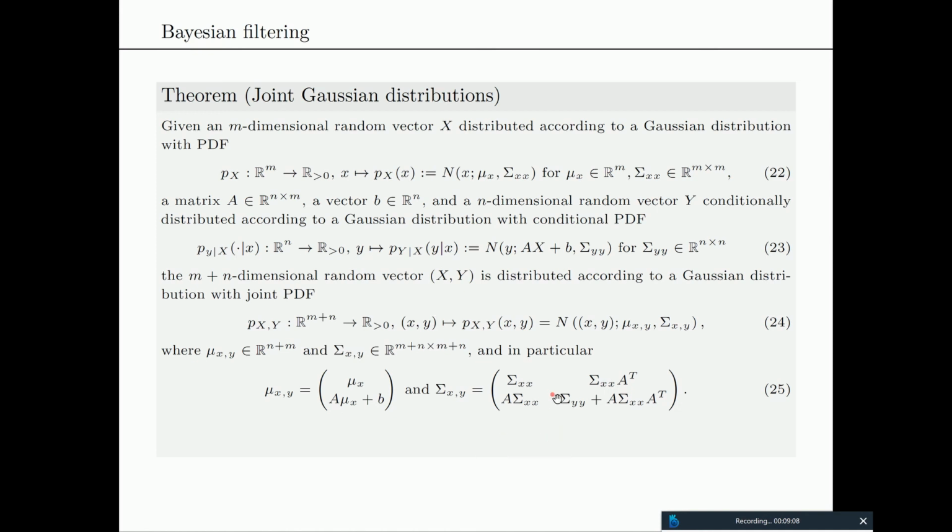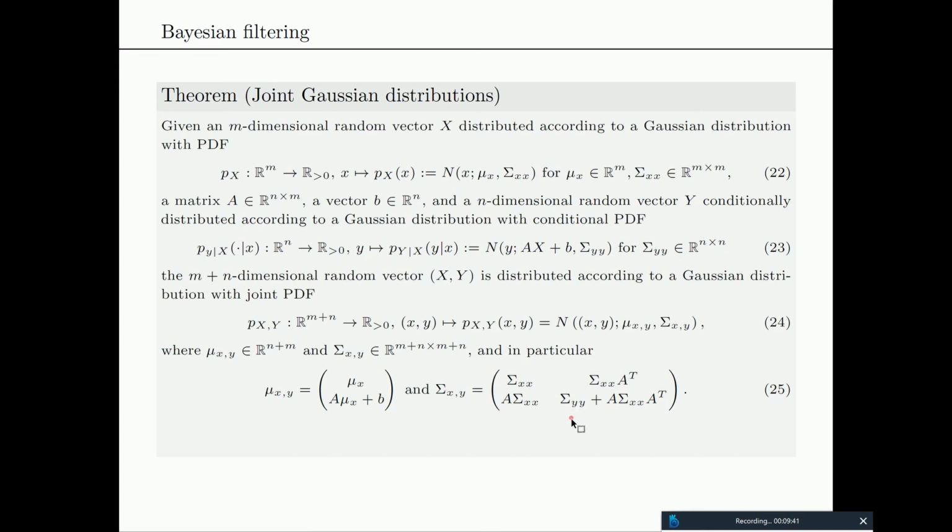Based on this, it can be shown, and this is just the theorem, hence the result, that the joint distribution has these parameters: μx and Aμx + b for the respective expectation parameters, and this joint covariance matrix, so Σxx, Σx Aᵀ, AΣx, and then this sum of the transformed prior covariance with A squared plus this.